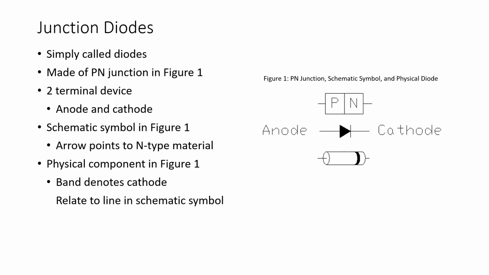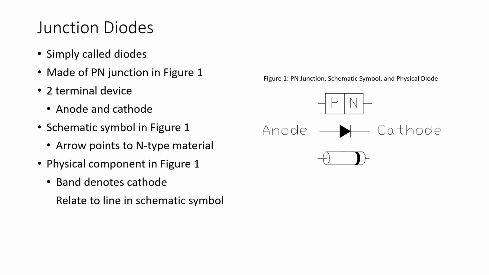The anode is the terminal connecting to the P-type semiconductor material, and the cathode is connected to the N-type semiconductor material, as shown in Figure 1. The schematic symbol for a diode is also shown in Figure 1. And note, looking at the schematic symbol, the arrow points towards the N-type material.